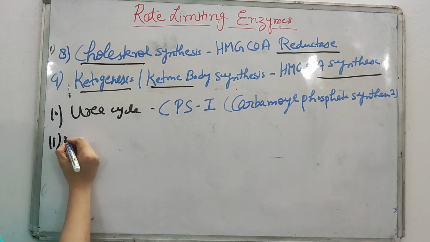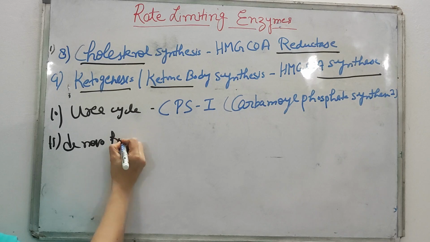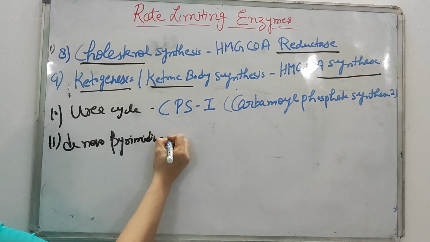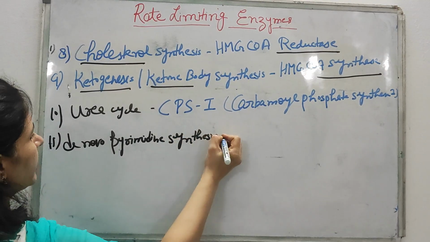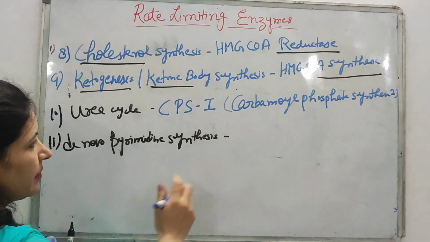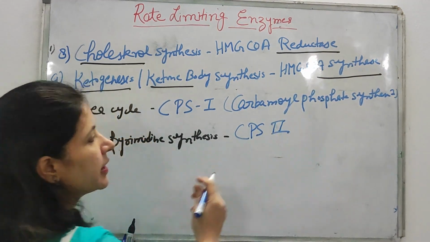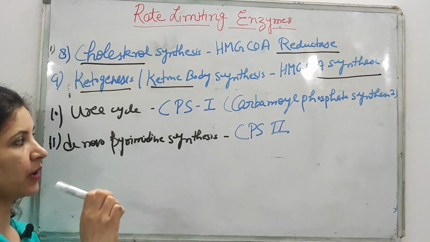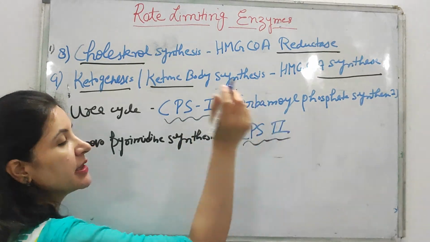And for de novo pyrimidine synthesis, the rate limiting enzyme is CPS2, that is carbamoyl phosphate synthase 2. One important thing: you must also read the difference between CPS1 and CPS2.